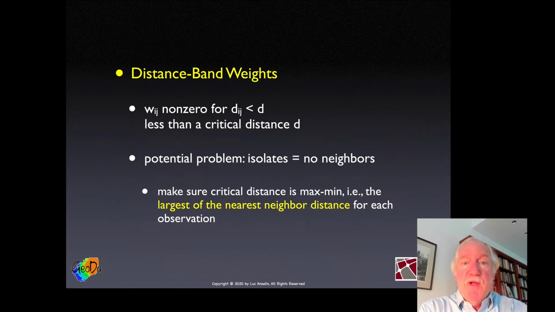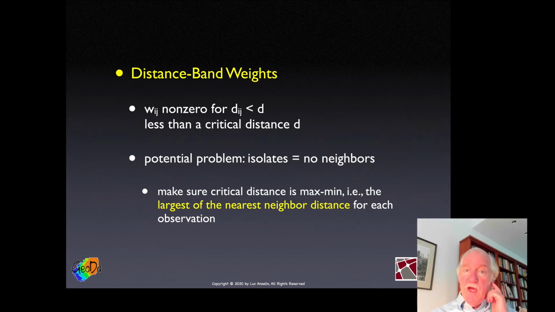One possibility here is that we find observations that have no neighbors within that critical distance. They're too far away from everything else. And those then become what we call isolates or islands.